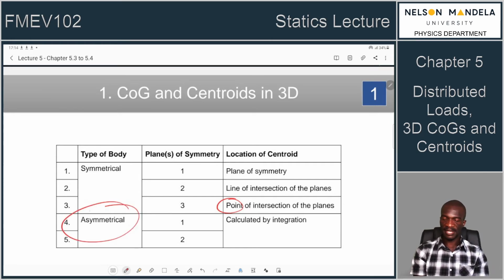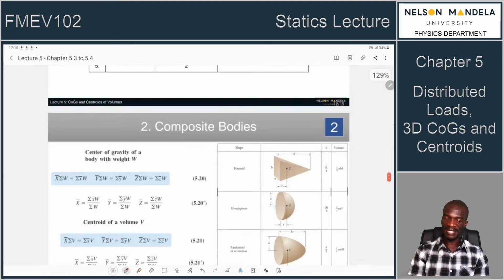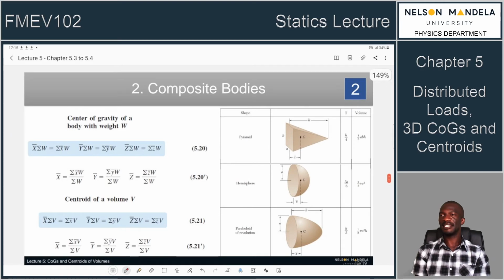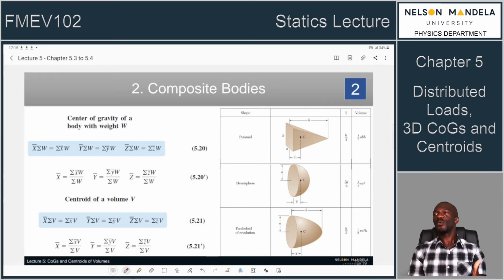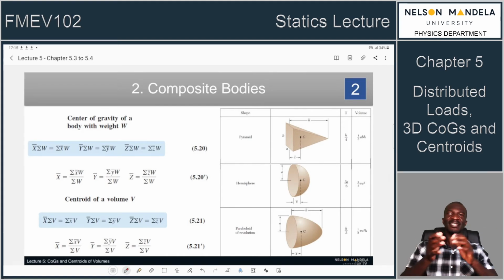If we have an asymmetrical case where we can't find a plane of symmetry, then we can find its centroid using integration. So basically, that is how we can analyze 3D bodies.